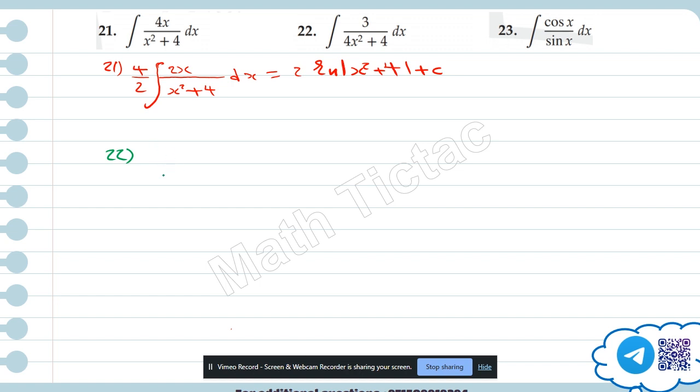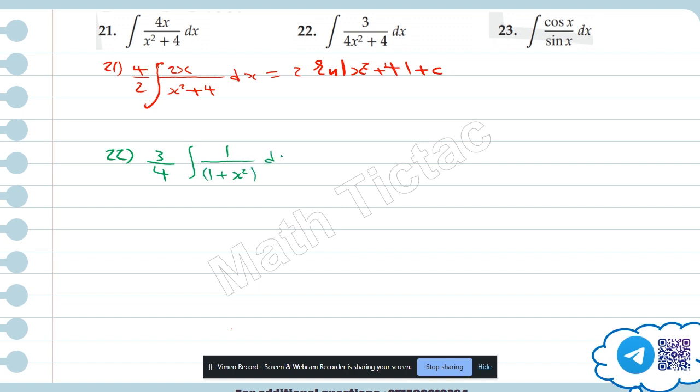We can think about the second choice, which is the inverse functions: tan inverse, sine inverse, etc. If we take the 4 as a greatest common factor and the 3 outside, that will leave me with 3 over 4 integration of 1 over 1 plus x squared.